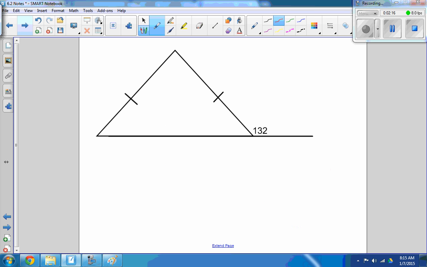Let's do a little bit more complicated problem here. We have here a linear pair. So they add up to 180. So 180 minus 132, and we get 48. We know this is the vertex, again, because it's in between the congruent sides, the legs.